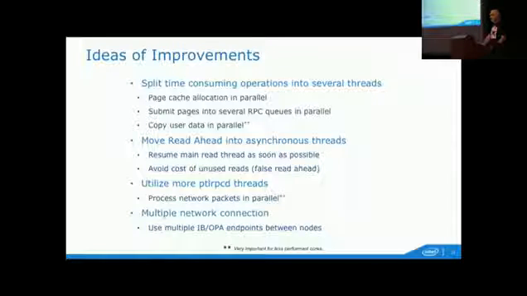When we use several threads, it will be very beneficial to utilize more portal RPC threads to process network operations, again in parallel. This also should significantly improve the situation.